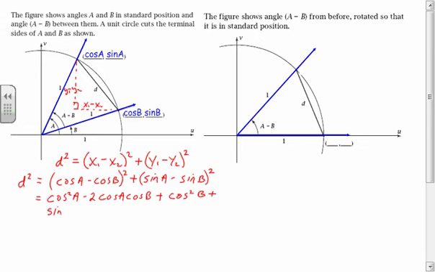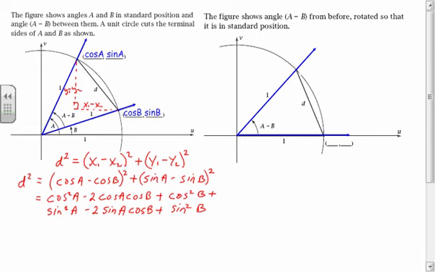Sine squared A minus 2 sine A cosine B plus sine squared B. That's the whole mess. There's 6 terms there.